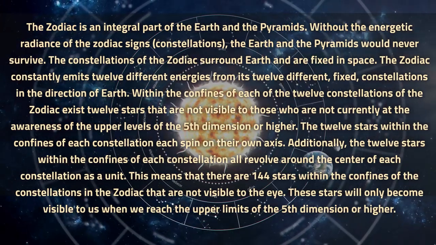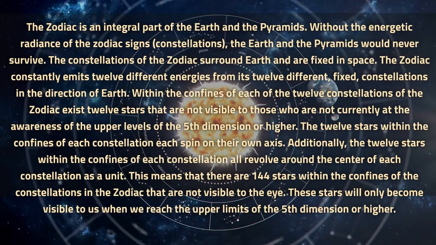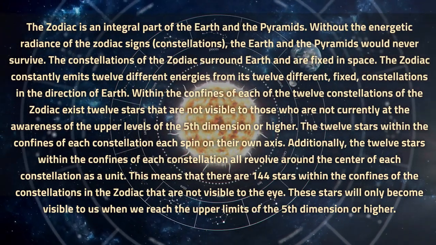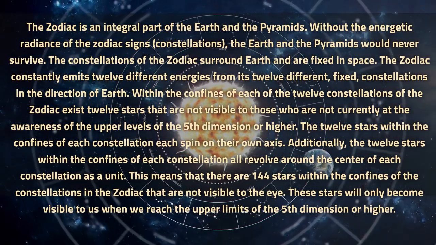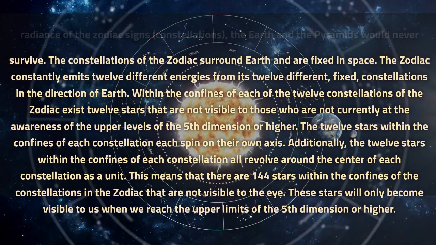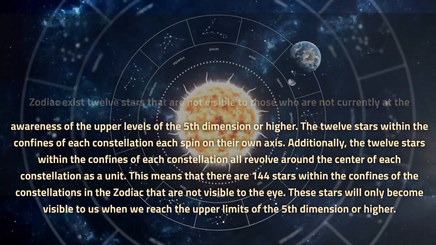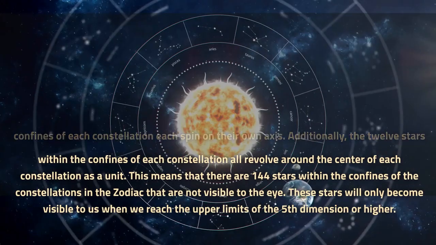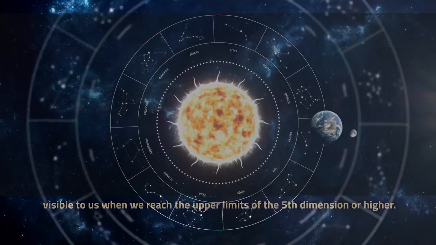This means that there are 144 stars within the confines of the constellations in the zodiac that are not visible to the eye. These stars will only become visible to us when we reach the upper limits of the fifth dimension or higher.